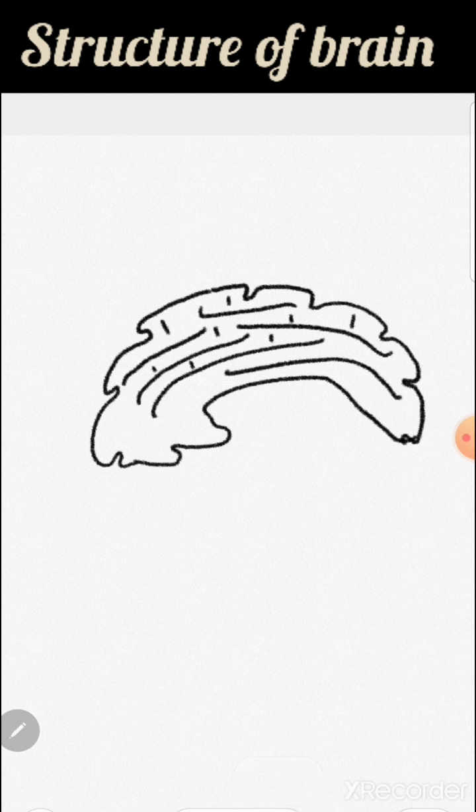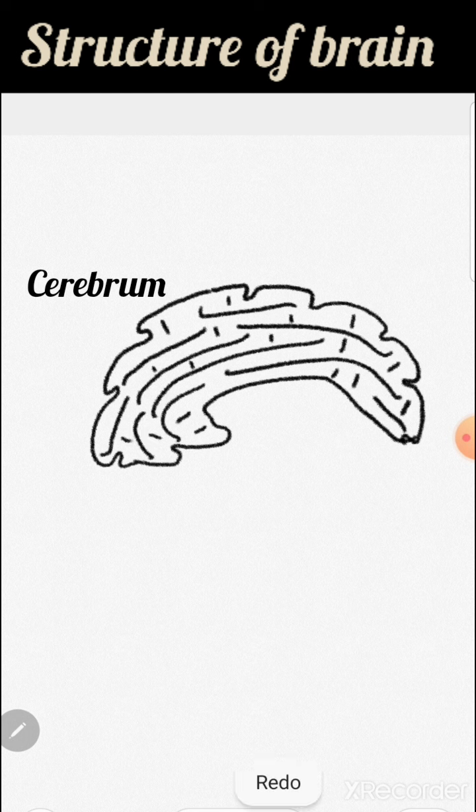The cerebrum occupies 2/3 of the brain, hence it is also called the large brain. The function of the cerebrum is to control voluntary movement, concentration, planning, decision making, memory, intellectual activities and intelligence. All these are controlled by our cerebrum.